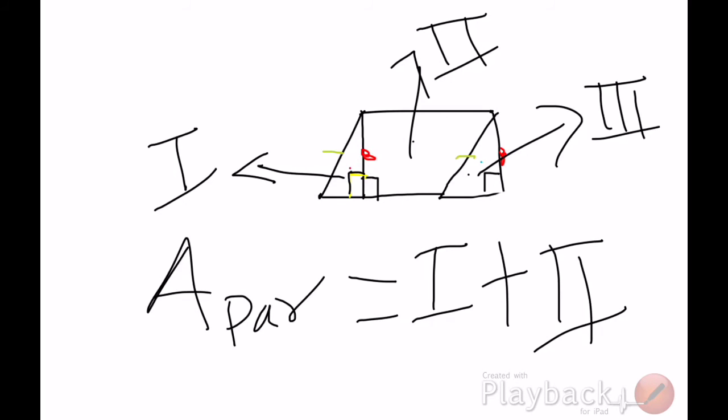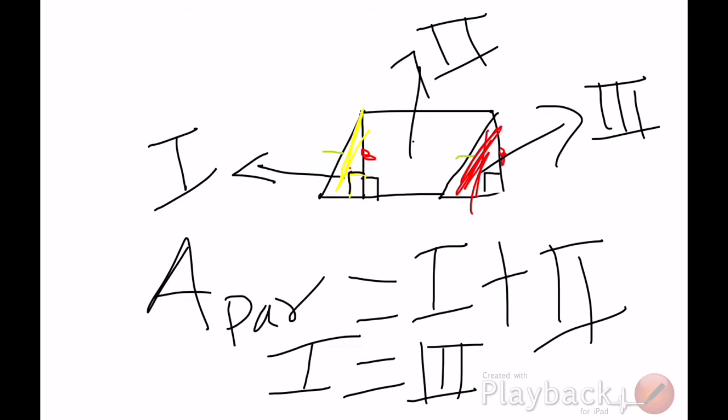You can see it, right? So now from just now we proved that this triangle is congruent to this triangle, and so the areas must be equal. I don't need to state that. So we can say the area of region 1 equals region 3.